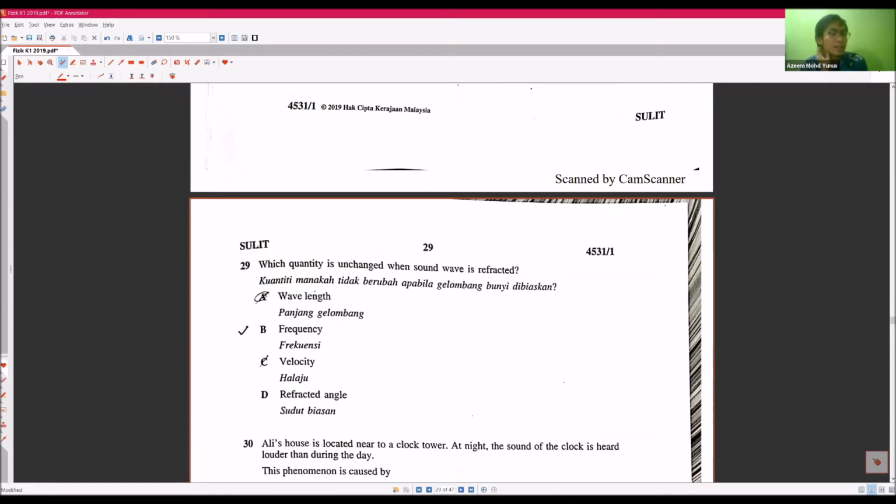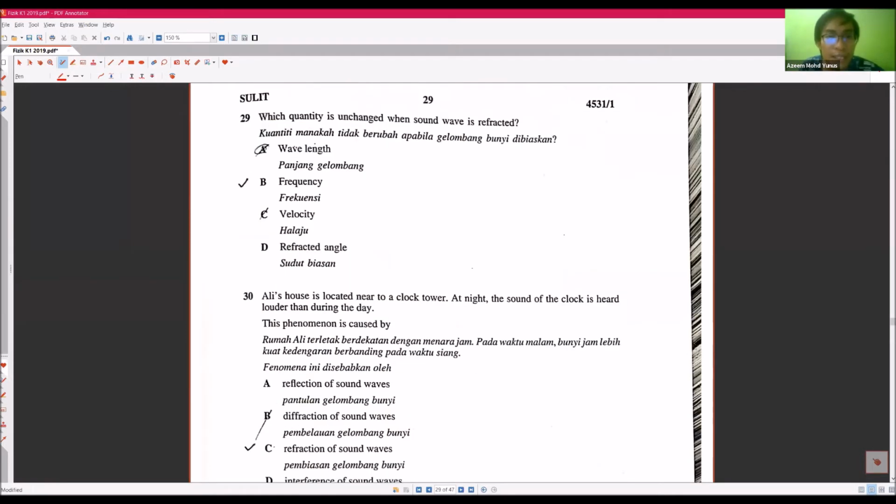Okay, 29. Which quantity is changed when sound is refracted? So this is refraction. So let's check. Number one, frequency, is the characteristic. Number two, different wavelength.